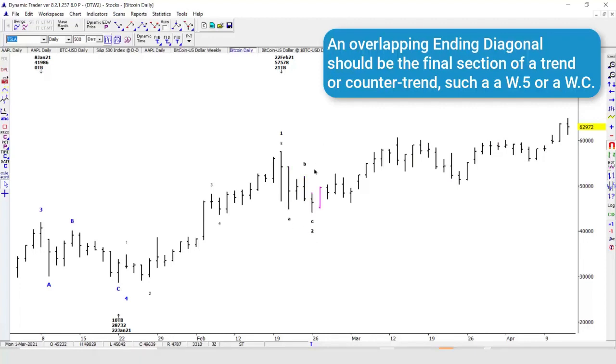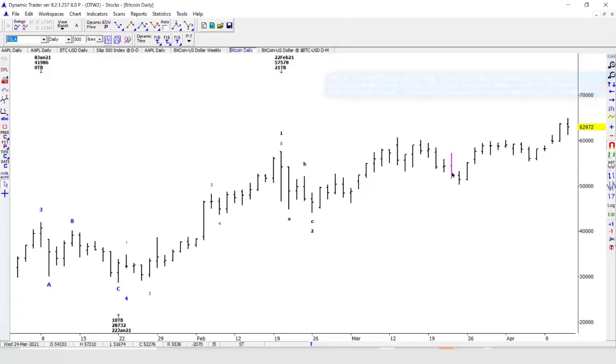New high, correction. New high, correction into the range of wave 1. New high, well, we'll see if we make a correction back into the range of this area, we've probably completed a wave 5.